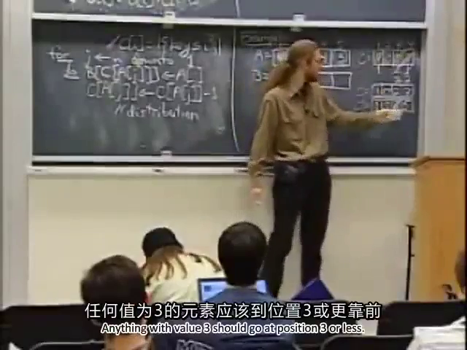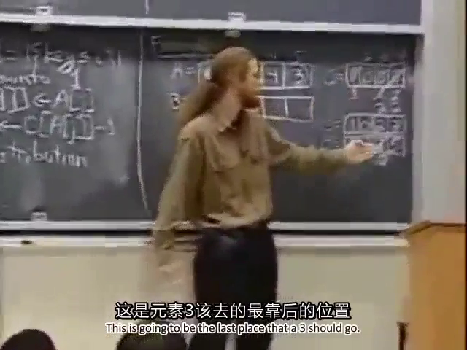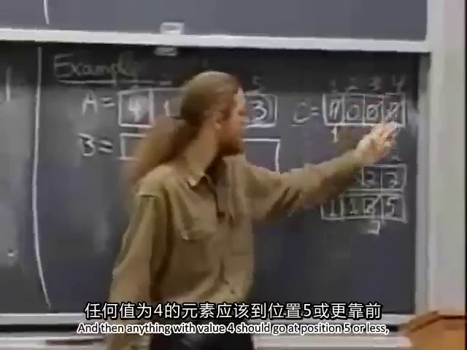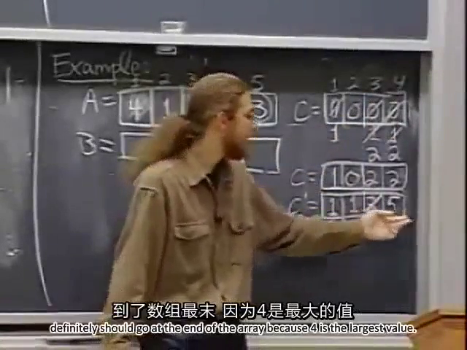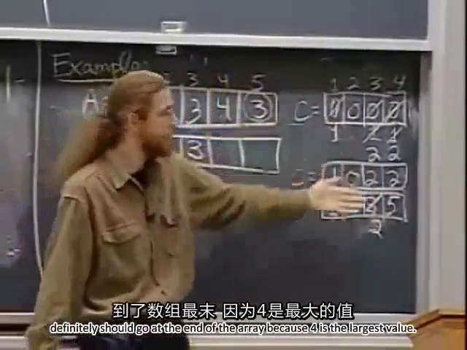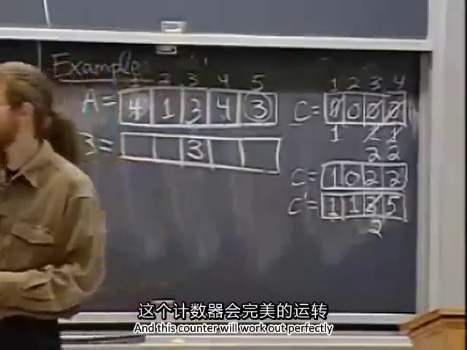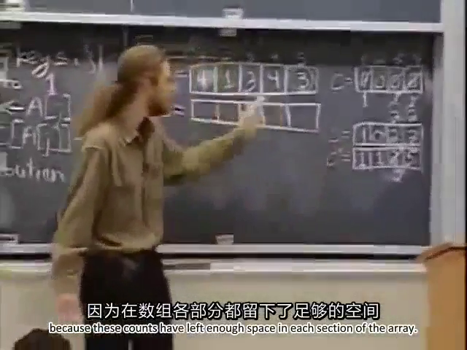Anything with value 3 should go at position 3 or less. So this is going to be the last place that a 3 should go. And anything with value 4 should go at position 5 or less. Definitely should go at the end of the array because 4 is the largest value. And this counter will work out perfectly because we've left enough space. These counts have left enough space in each section of the array.